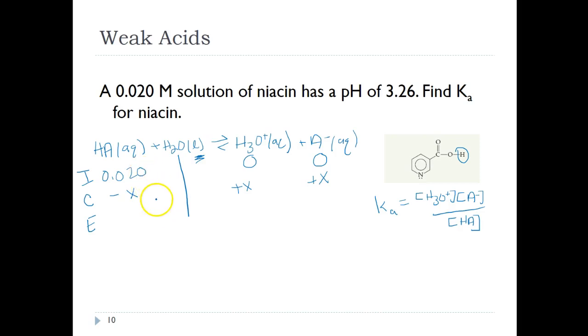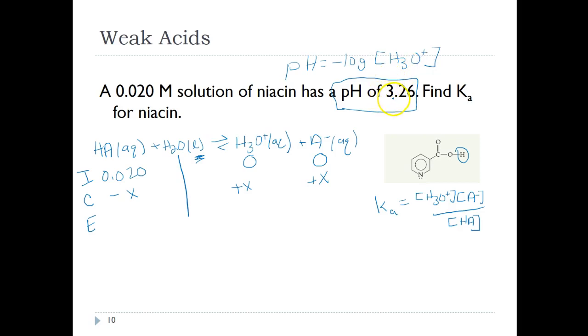Okay. So in terms of equilibrium information, we weren't directly given equilibrium information, but we were given the pH. Okay, and the equation for pH that we've used is the negative log of the hydronium ion concentration.